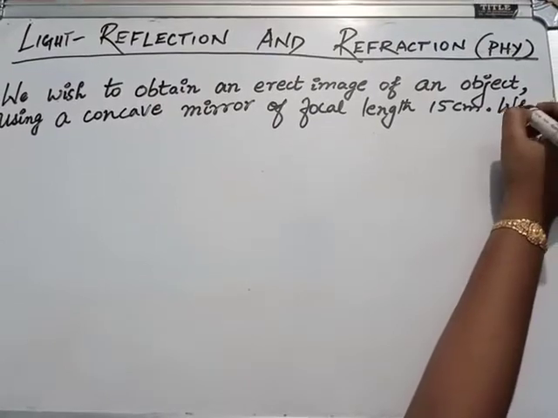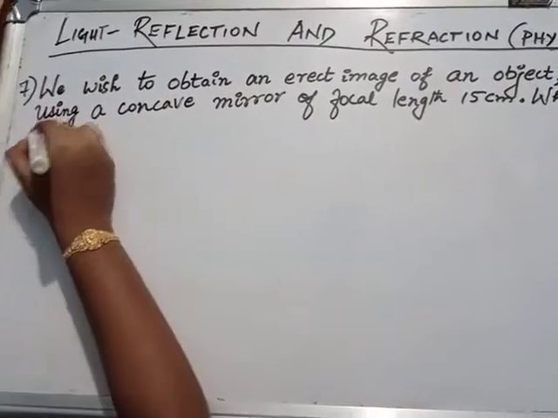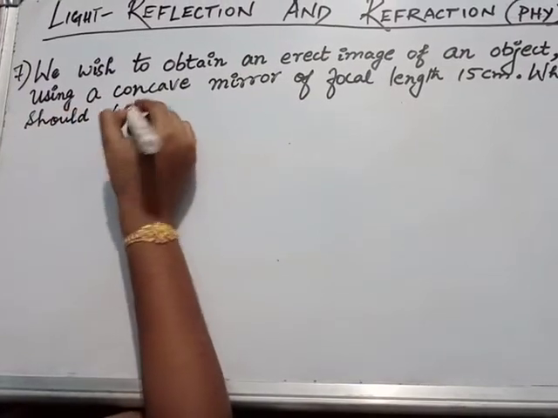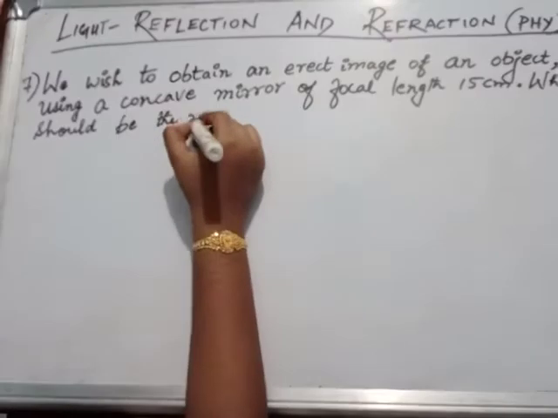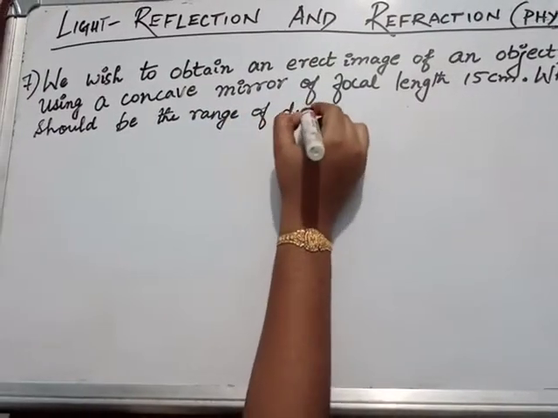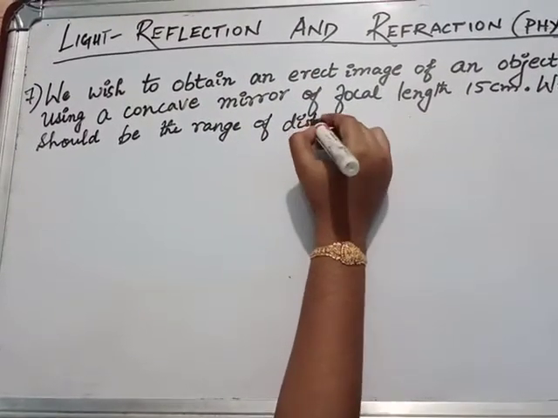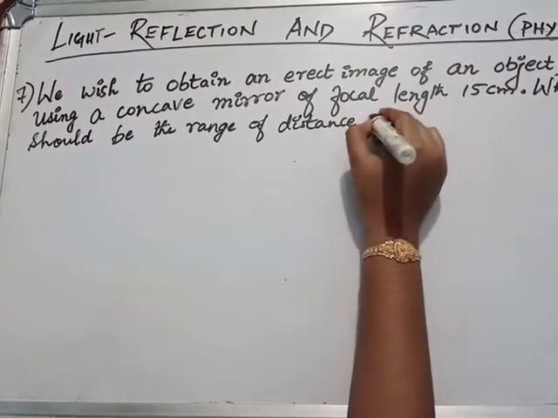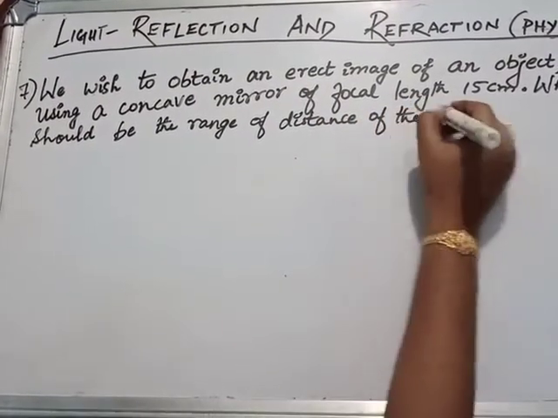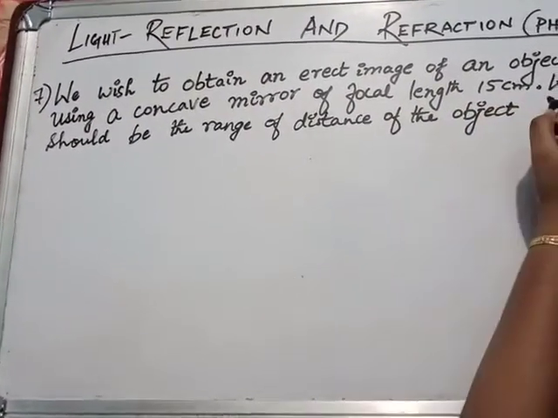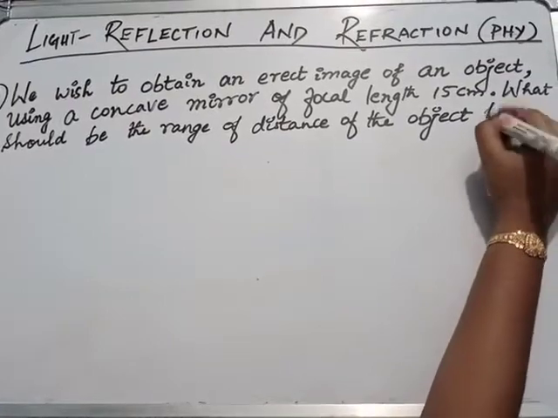What should be the range of distance of the object from the mirror?